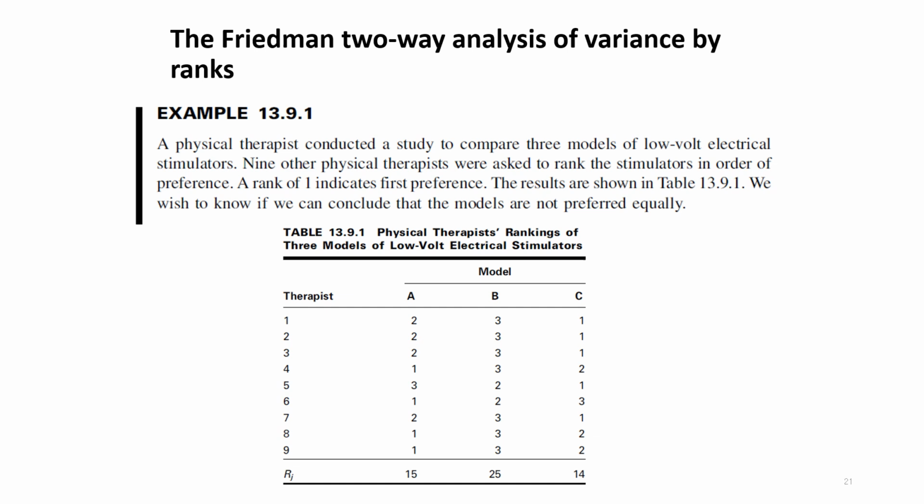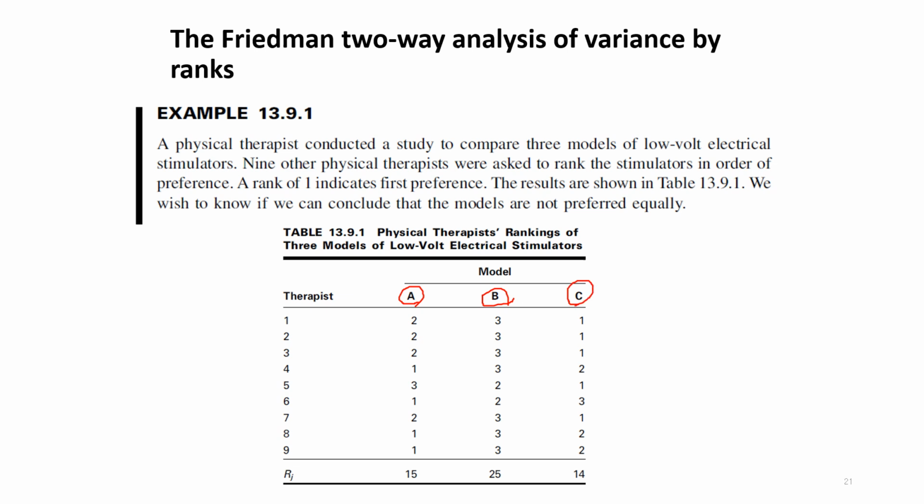So here the physical therapists are using the machines, and there are three models: A model, B model, and C model. In this case, we don't know which one is the best one.